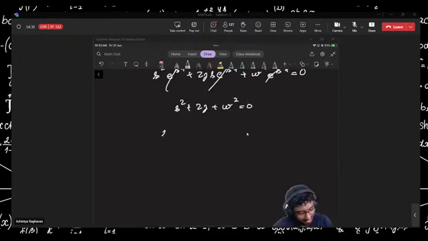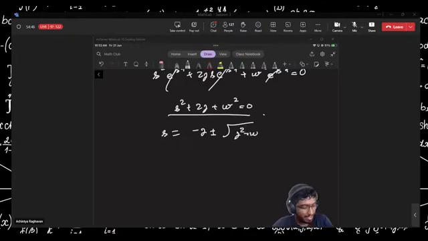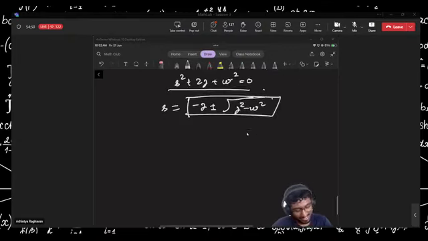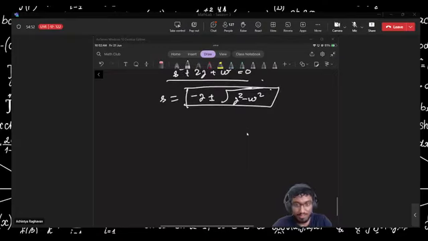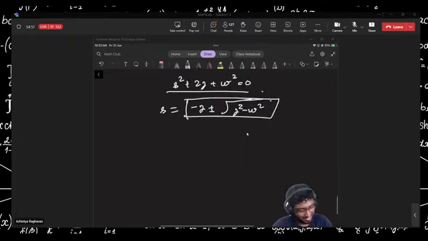This is a normal quadratic equation. Solutions are minus gamma plus or minus the root of gamma squared minus omega squared. You can verify, this is just the normal formula, minus b plus or minus. Some of you would have seen this already. This is the damped oscillator.